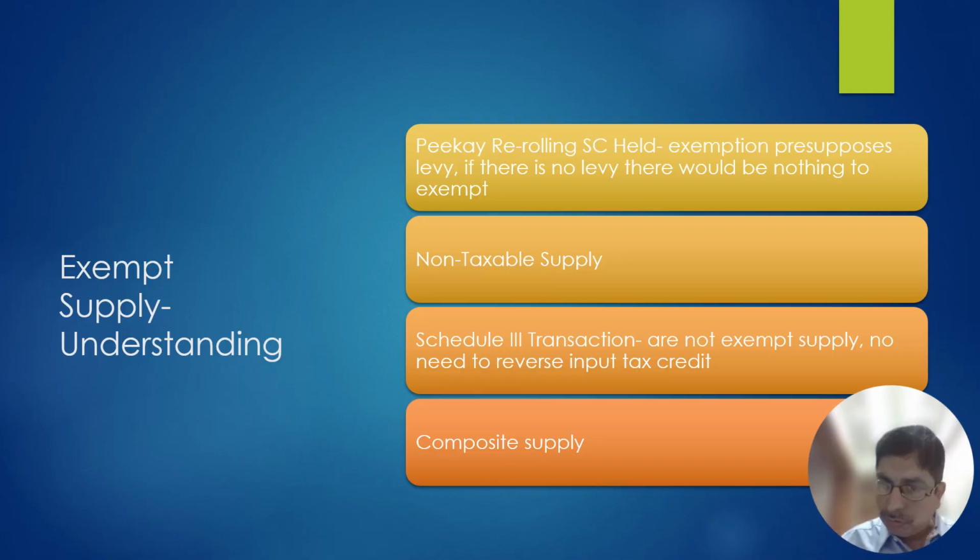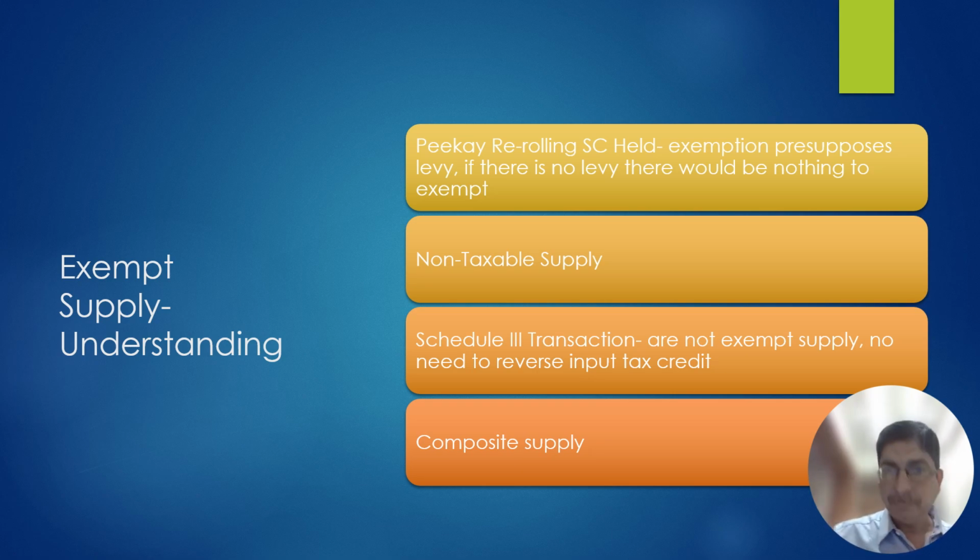What is the consequence of exempt supply? What is the difference between exempt supply and schedule 3 transaction? In exempt supply, you need to reverse input tax credit, which is directly related to the exempt supply, and common credit. However, in case of schedule 3 transactions, there is no need to reverse the input tax credit.